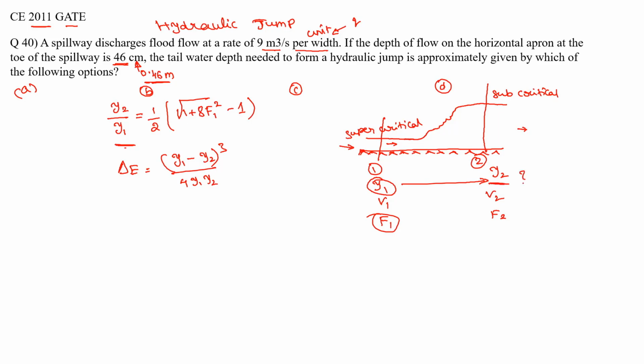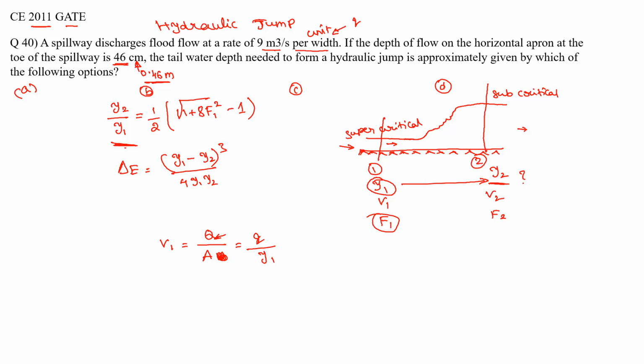How much is the y2? Can anybody guess the value? Just use this particular equation; this equation is sufficient. Maybe I can give a hint: V1 equal to Q by A, which I can write as Q by y1.